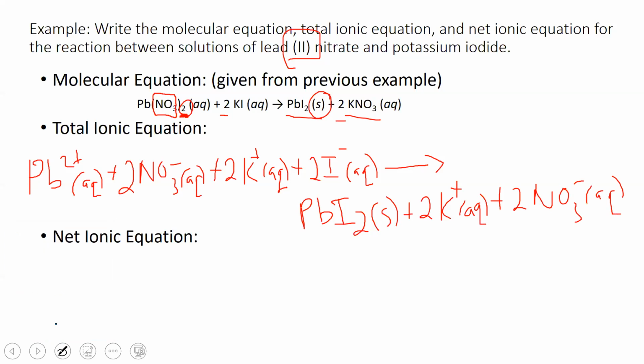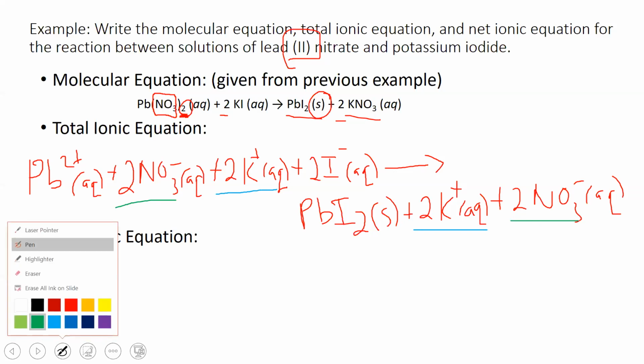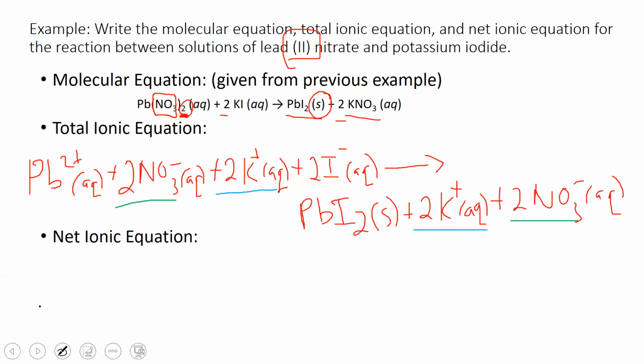And generally, when you're doing the total ionic equation is the best time to identify those spectator ions. Here, the potassium ions are the same on either side of the equation, and the nitrate ions are the same on either side of the equation. So if you identify those spectator ions now, then it's really easy to go to the next step of writing the net ionic equation, where you just take the ions that are left over, and by convention, we're going to write the cation first.